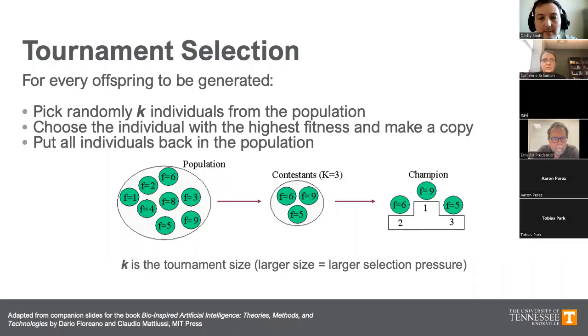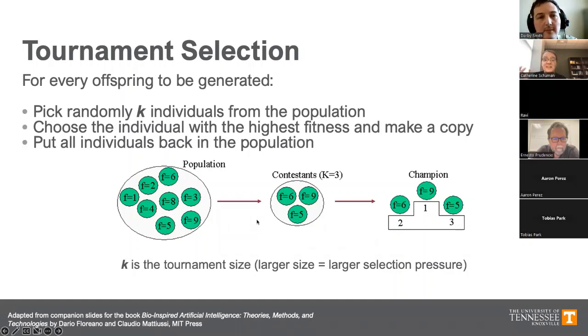So in this particular example, you see 3 different individuals were selected. It happened to be that one of those individuals was the highest performing individual in the population with the highest fitness score, and that was the individual that would be selected. But because you're randomly selecting these contestants from your population, it's entirely possible that you would have selected the 3 lowest performing individuals in the population.